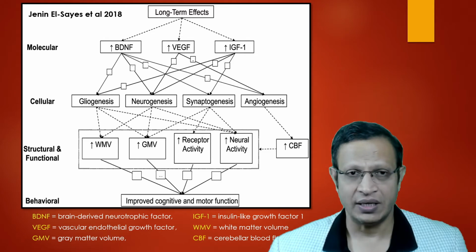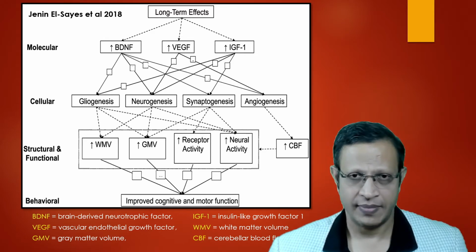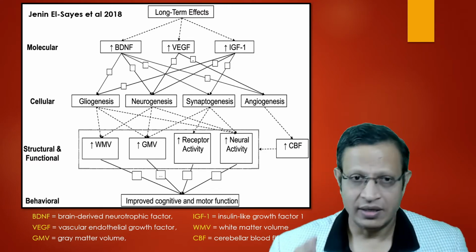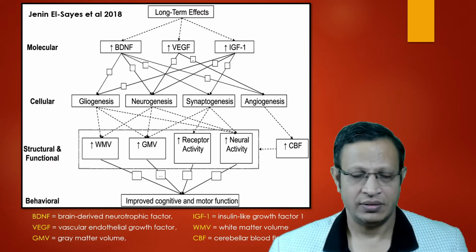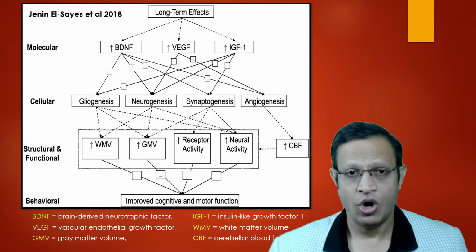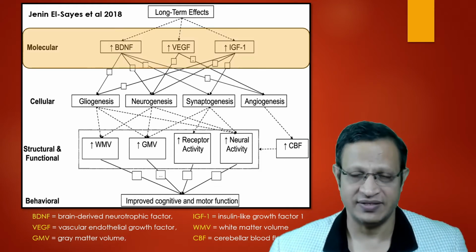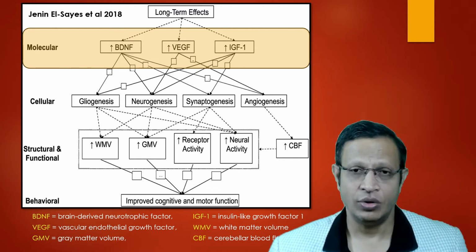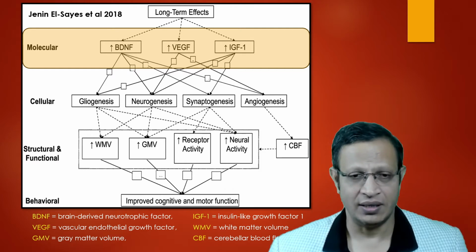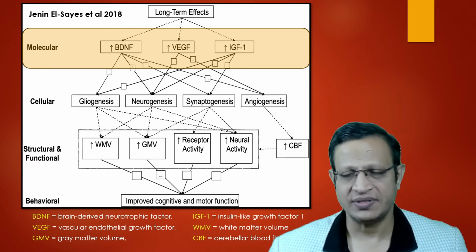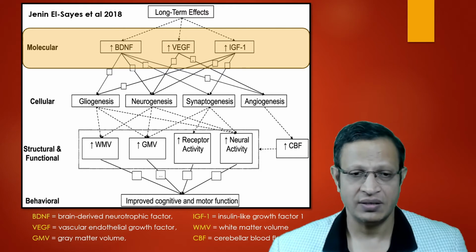One of the important articles, published in 2018 by Jenin and his colleagues, describes four important types of neuronal plasticity. First, neuronal plasticity occurring at the molecular level, that is, at the level of BDNF, my dear friends, brain derived neurotrophic factor, or vascular endothelial growth factor, or sometimes in simple terms called growth factors.